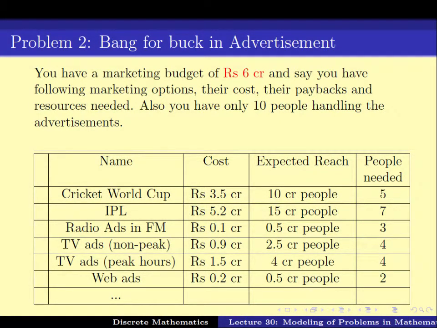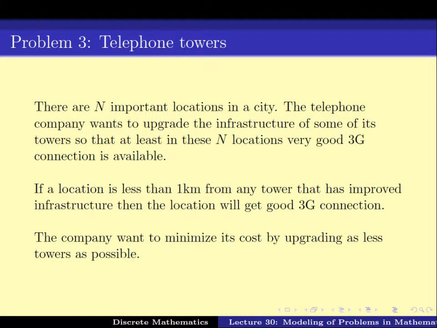Before I go on, let me quickly talk about the other two problems that we will be doing in the coming videos. Problem number 3 is the telephone tower problem. You have n important locations in the city and you want to ensure that every one of the n locations has a good 3G connection.